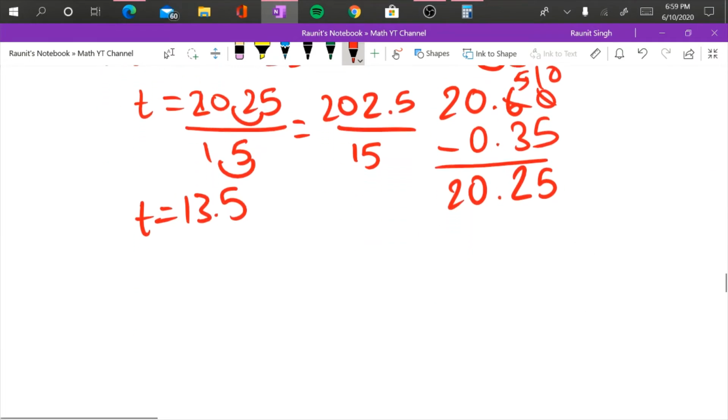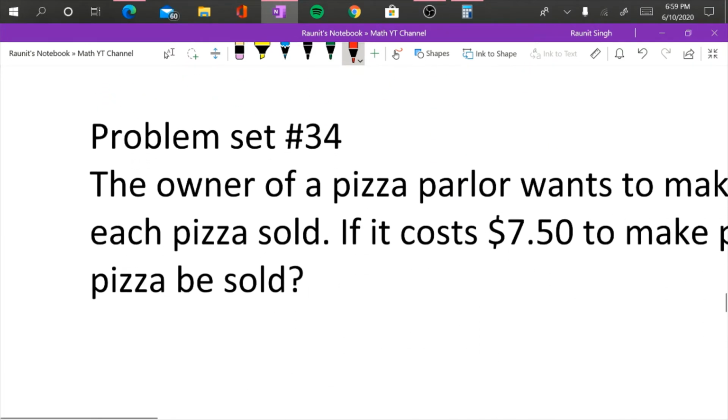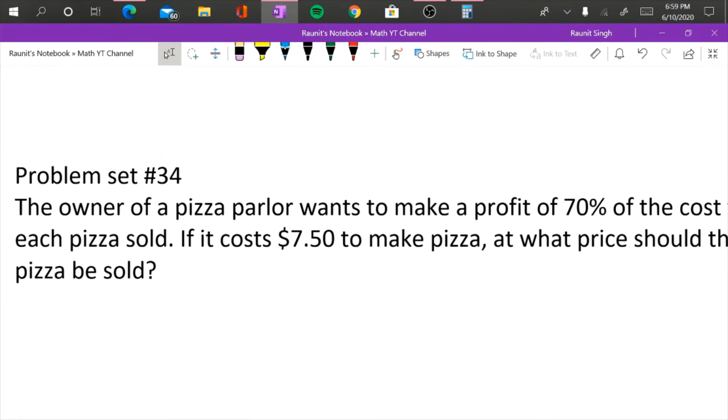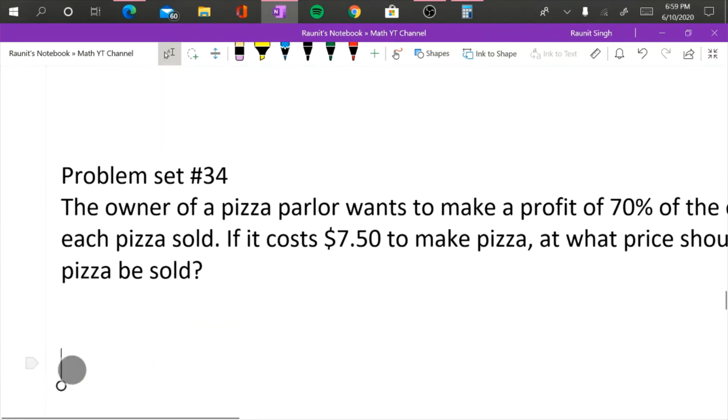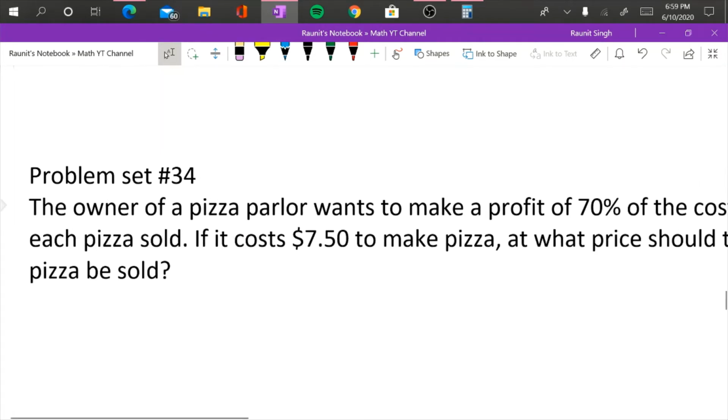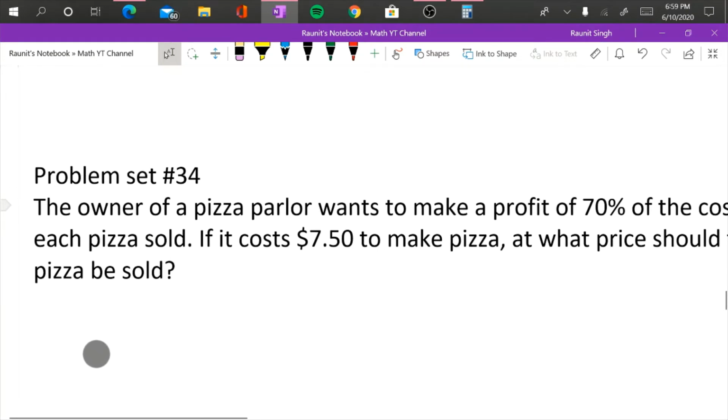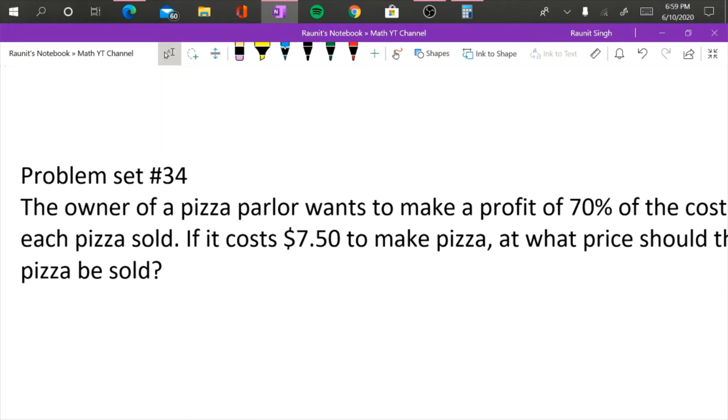Alright, now I'm pretty sure we're going to be working on word problems. Yep. So the owner of a pizza parlor wants to make a profit of 70% of the cost of each pizza sold. If it costs $7.50 to make a pizza, at what price should the pizza be sold? So what we want to do is increase the price so that he can make a profit of 70%, and that's markup, like I explained in the regular section 2.3 video.